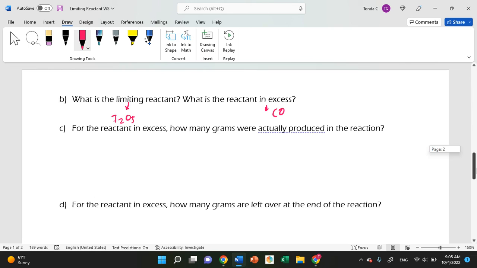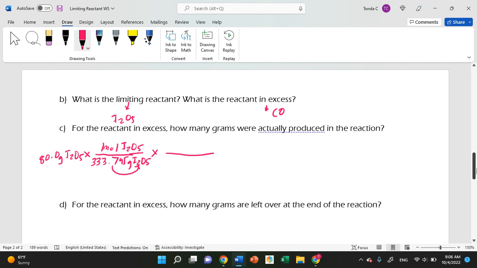So down below, we're going to start with 80 grams. And we're going to do the same conversion. We're going to go from grams to moles using molar mass. So every 1 mole, there are... note this number is the molar mass of that compound.